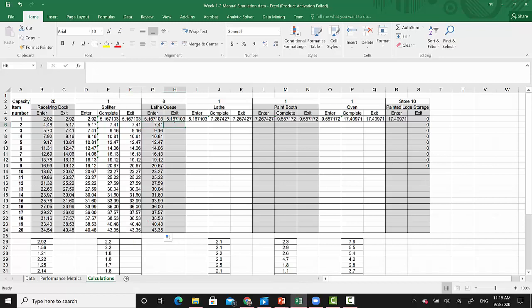And then when it can exit the last queue depends on the exiting time of the previous item at the next location. You can see here why we don't put a wait time.